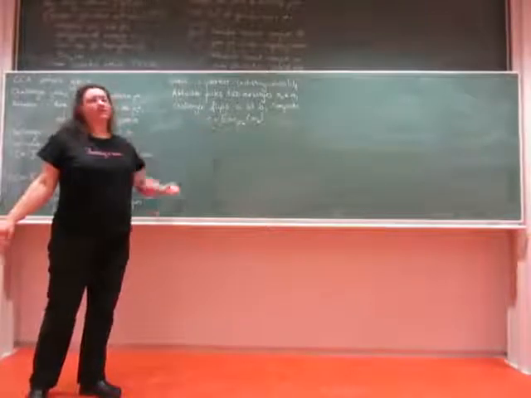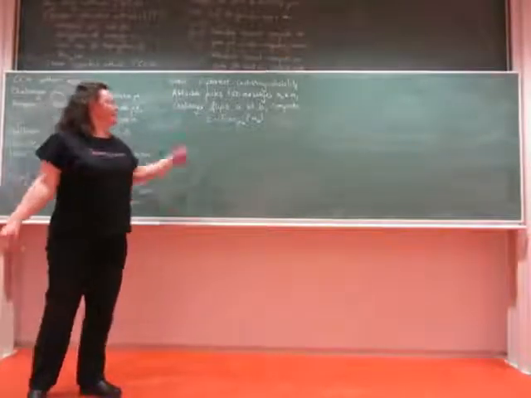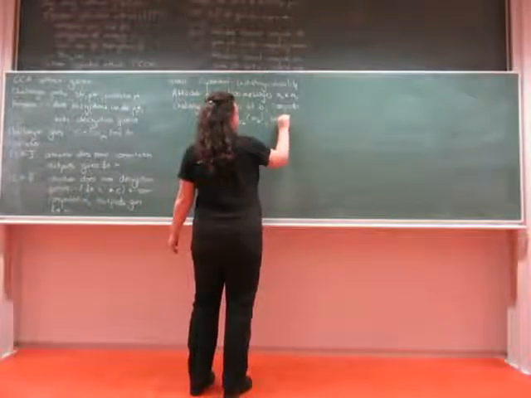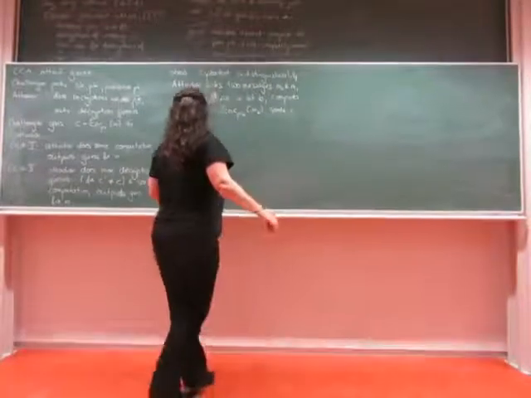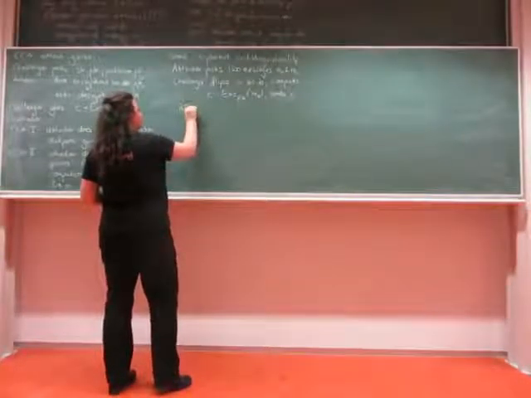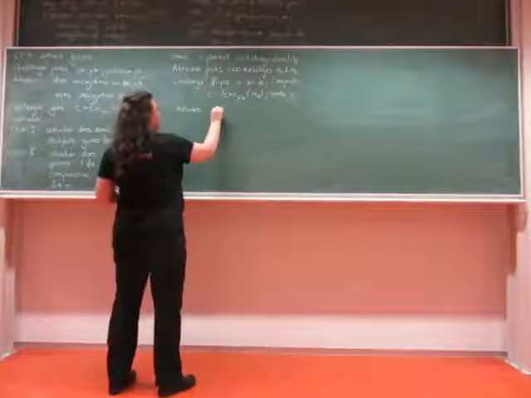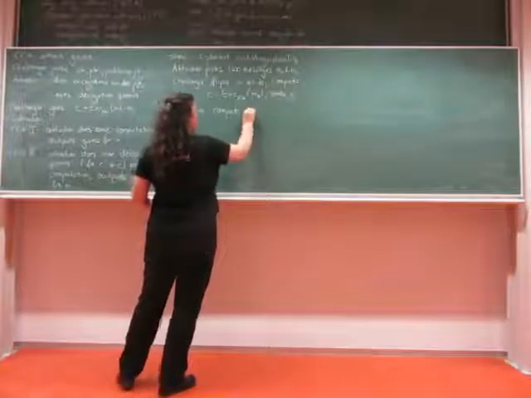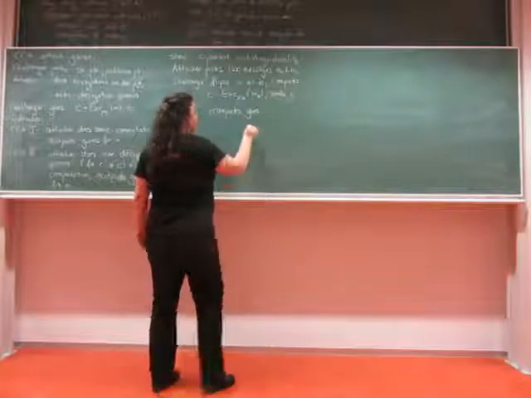And then he sends C to the attacker. So the attacker computes a guess for B.